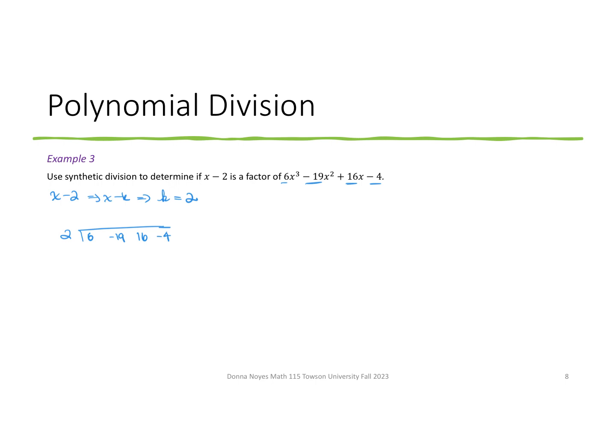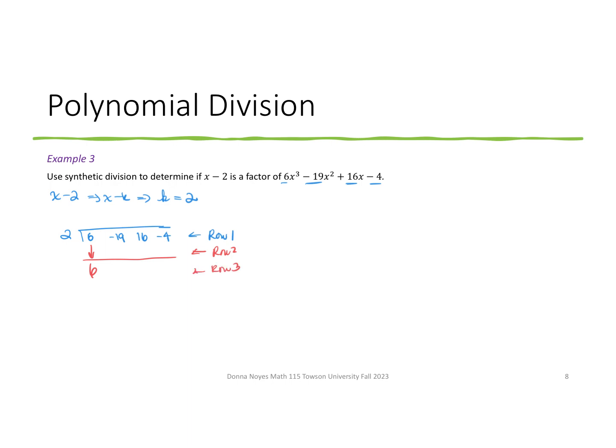So this is row 1. Now, let's start doing the process of synthetic division. First step, drop down this 6 to row 3, because this is row 2 and this one is row 3.